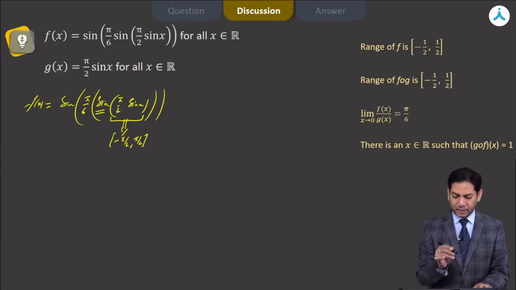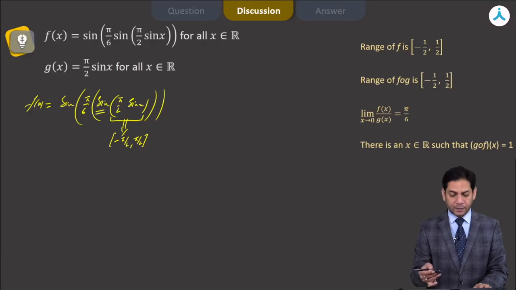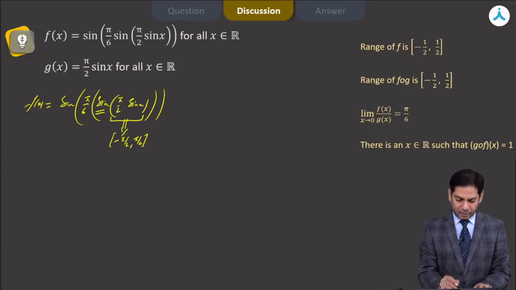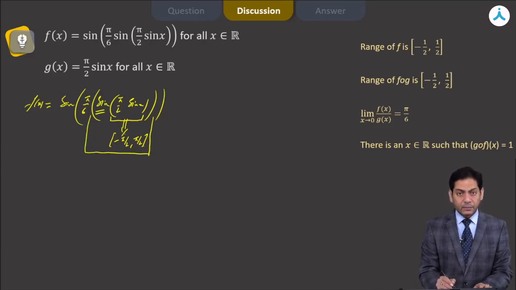So sine calculated for minus pi by 2 to plus pi by 2 will give us values of this part lying between minus 1 and plus 1.